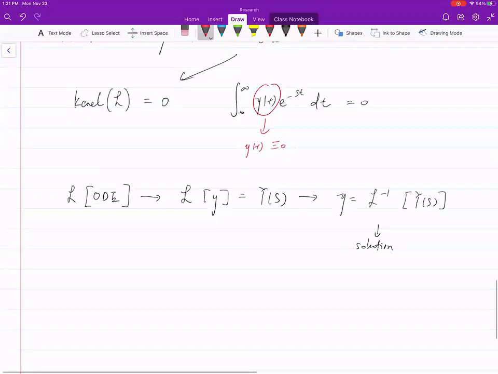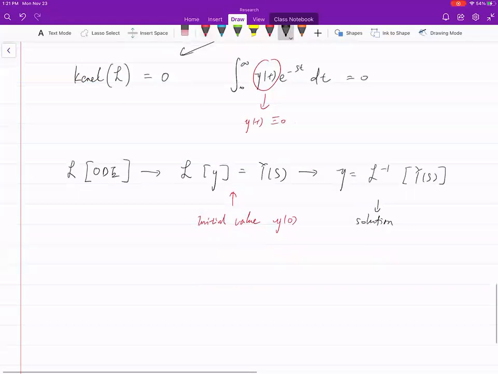Moreover, your initial value will be used here. Because when you take the Laplace transform of a derivative, you do need y0. So technically, this one is used to solve an initial value problem.